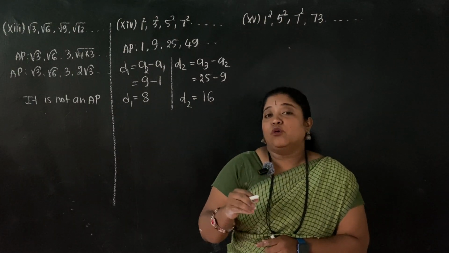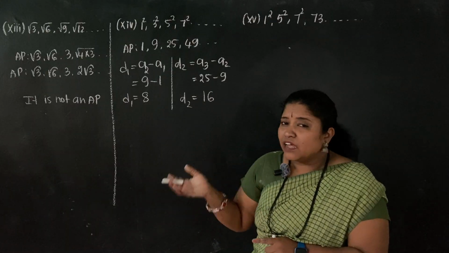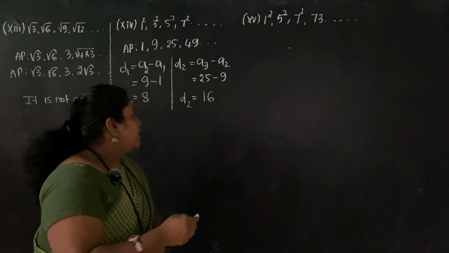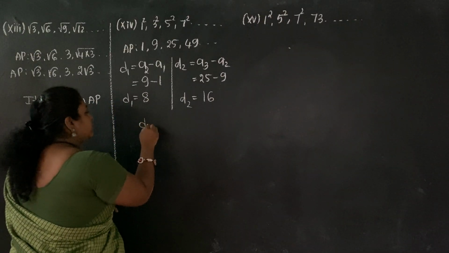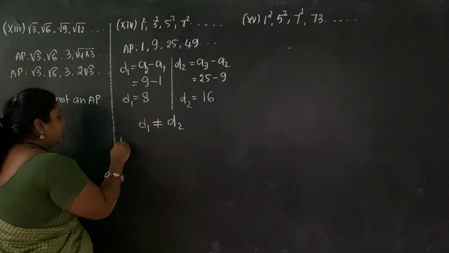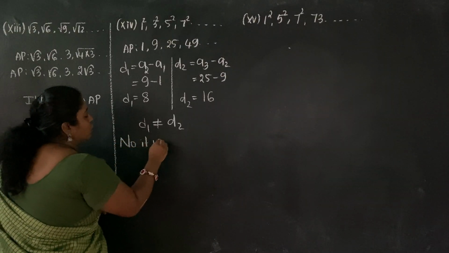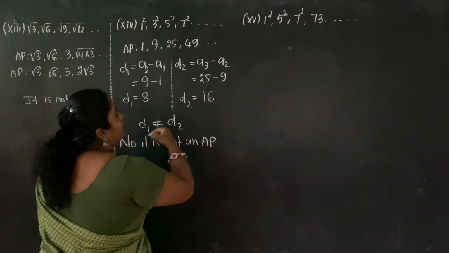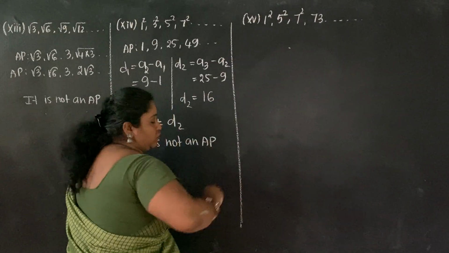Don't waste your time on calculating the next values because they are not at all necessary. I can conclude here. Yes or no? What can I write here? I'll be writing here D1 is not equal to D2. So I'll write here, no, it is not an AP. Okay, we'll move to the next question.